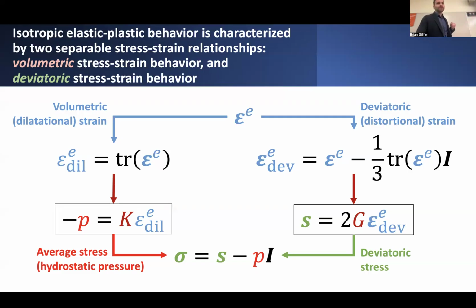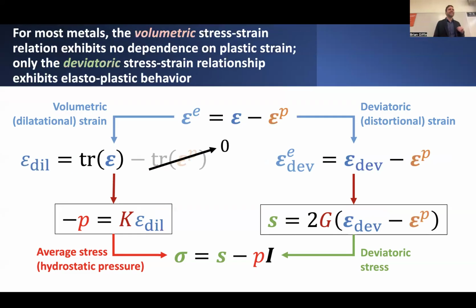Now, going back to the idea that we're expressing our description of the elastic strain as really the total strain minus this plastic strain expressed as tensors, I want to point out that by enforcing the condition that the plastic strain tensor has to be descriptive of a purely volume preserving deformation, we actually find that the contribution of the plastic strain to the total dilatational strain of the material is zero.